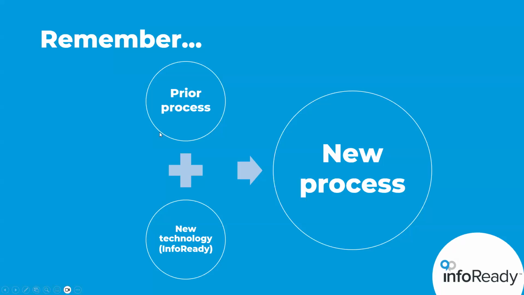Of course, we're going to want it to be all of your process for all the things, but sometimes that needs to be more of a gradual transition, which we'll talk about. But ultimately, it is going to give you a new process. So even if your prior process is super solid and you love it and it's working well, just by having a new tool, there's going to be some things that are a little bit different. Keeping that in mind is helpful when you use any new technology, but especially InfoReady.